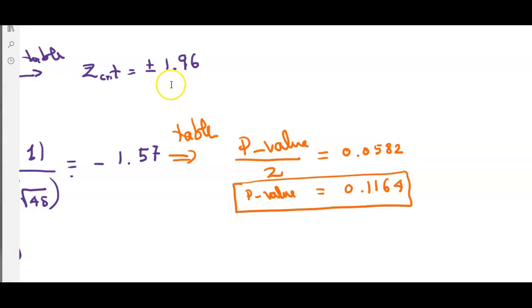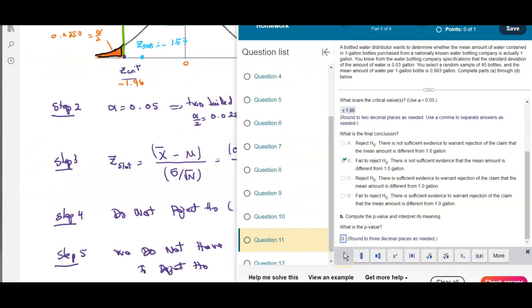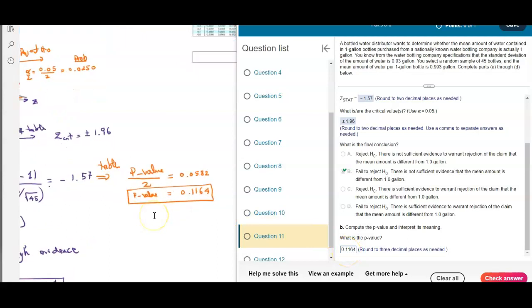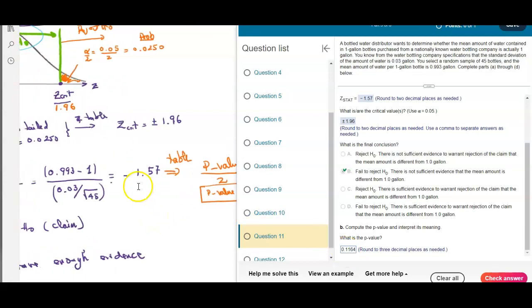Okay, plug it in and see. 0.114, I think. Check it. Okay, so it seems that we get this number a little off, and I think that's because here we had minus 1.57.